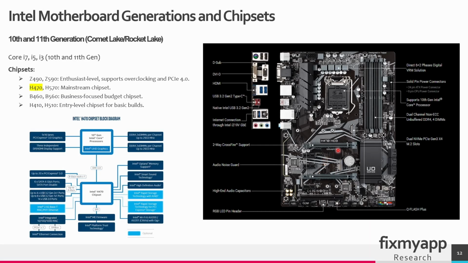This is a 10th and 11th generation Intel motherboard. In this case, it's the H470. It's a mainstream chipset. So this is the image of this chipset. We can now see how this technology is implemented, how the communication flow goes, and that is translated into a motherboard.